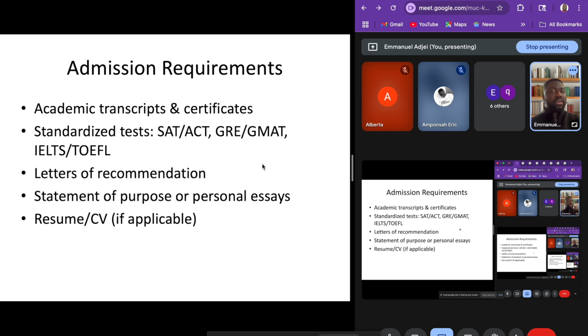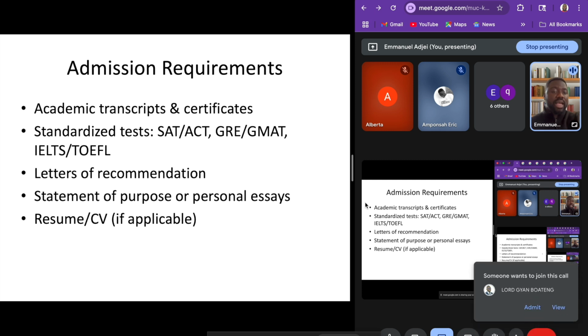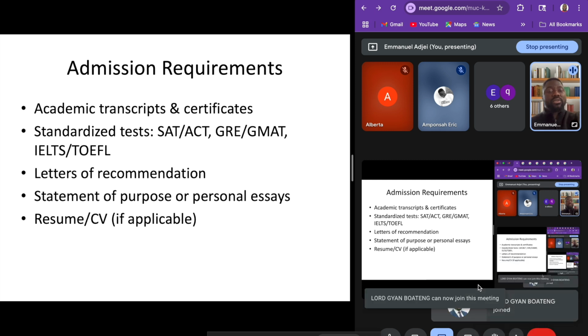Even if you are left with a final semester, make sure you establish that connection with the professors, because the professors are highly needed when it comes to recommendation letters. That is why we need these professors.